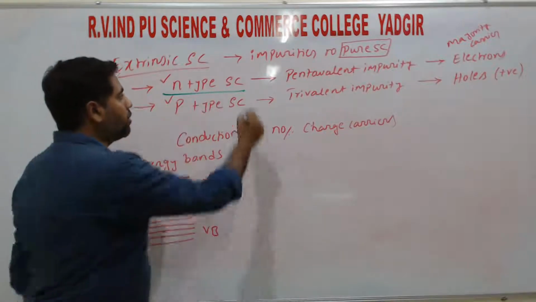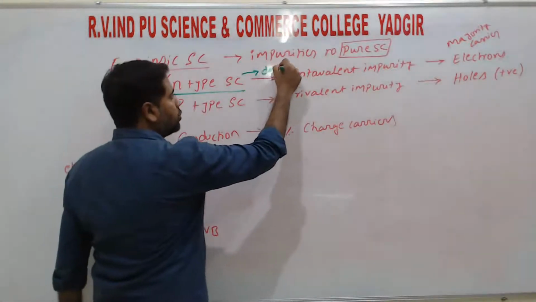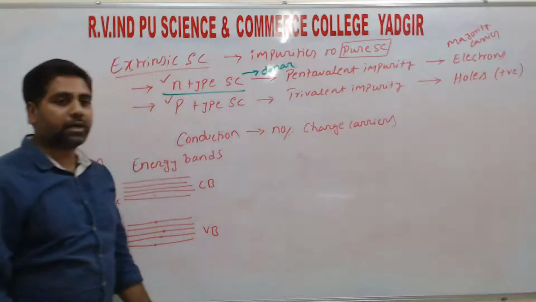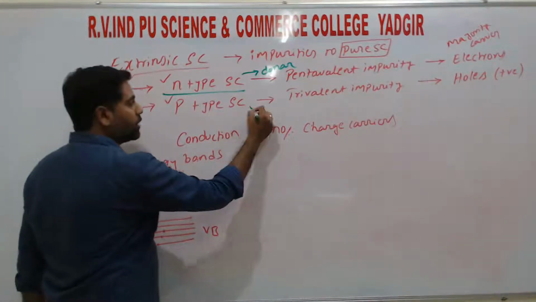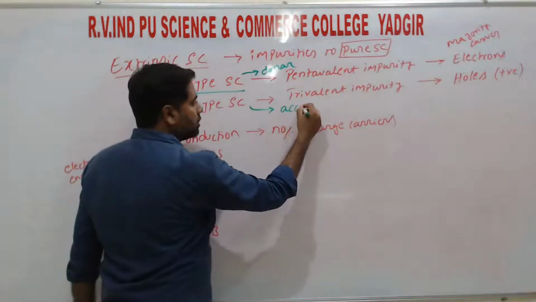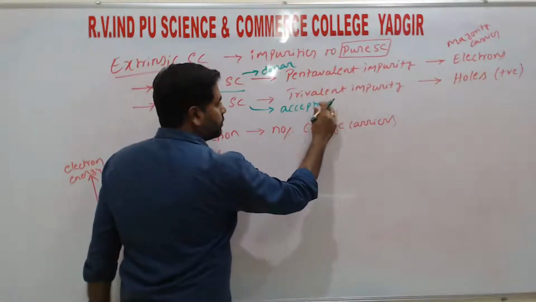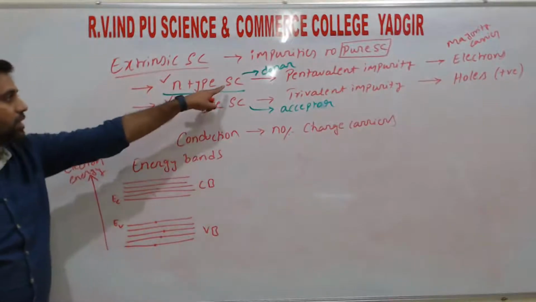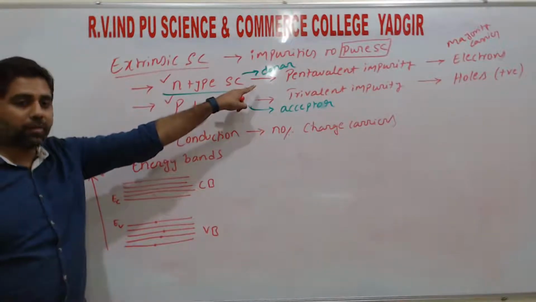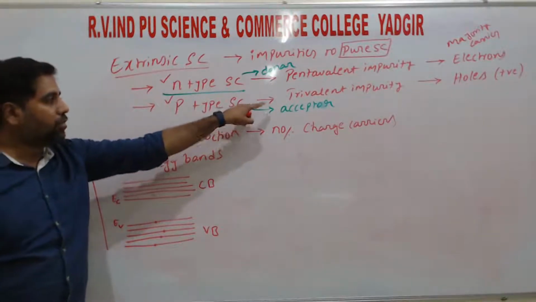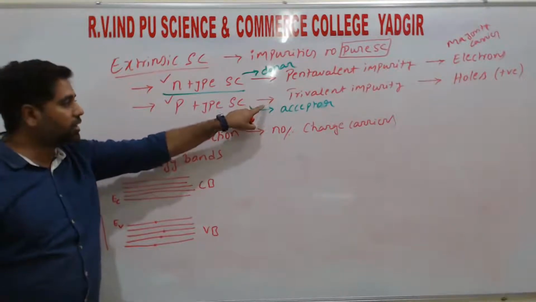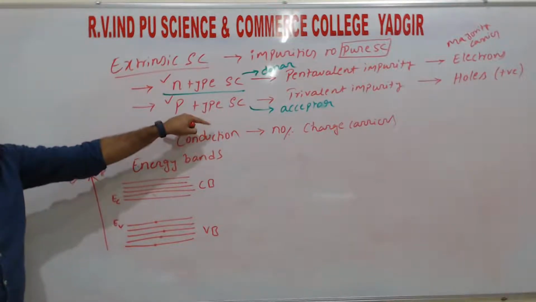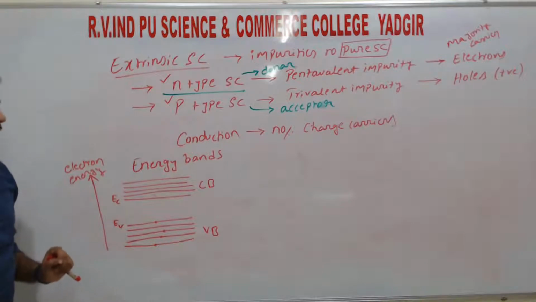After adding the impurities, first we discuss N-type semiconductor. N-type semiconductor we also call a donor semiconductor, right? The P-type semiconductor we call an acceptor, because it is giving holes to the semiconductor, that means it takes electrons from the pure semiconductor, right?